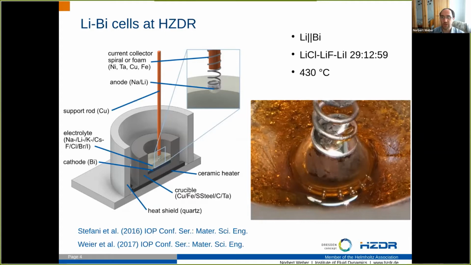On the bottom, just below, is the bismuth. And the droplet, which is unfortunately not moving now, is lithium. When you discharge this battery, the droplet will get smaller because the lithium goes down. When you charge again, the droplet will grow and get larger again because the lithium is transferred from the bottom to the top.